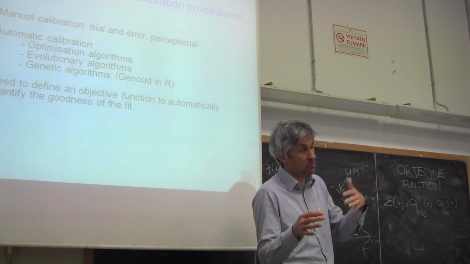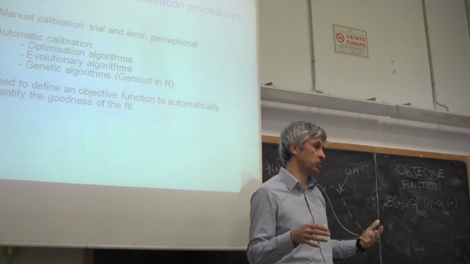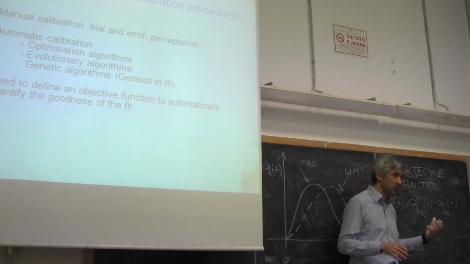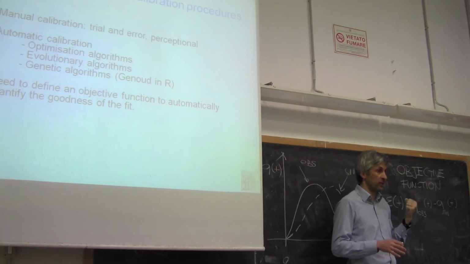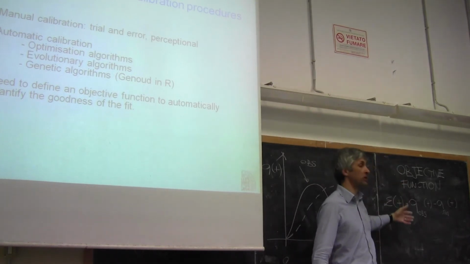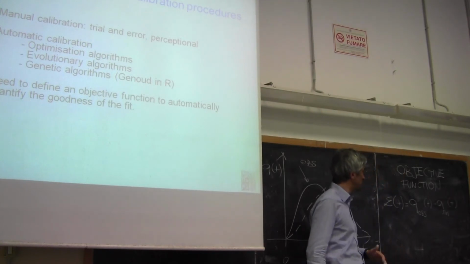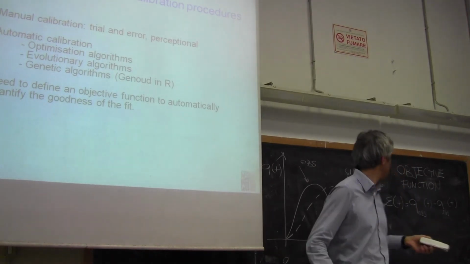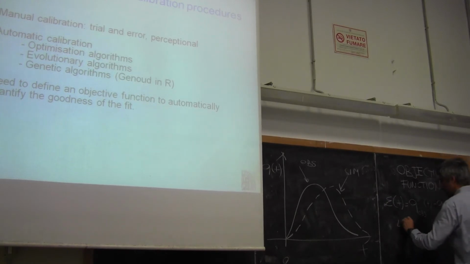So in the same way, we can guess that our measure of model performance should deliver a good response if the error is zero, and a bad response if the error is increasing. So how can we define then the objective function depending on the error? There is one objective function that is largely used, and I'm sure that you already used it in some application, maybe implicitly. And this objective function is called the least squares objective function.